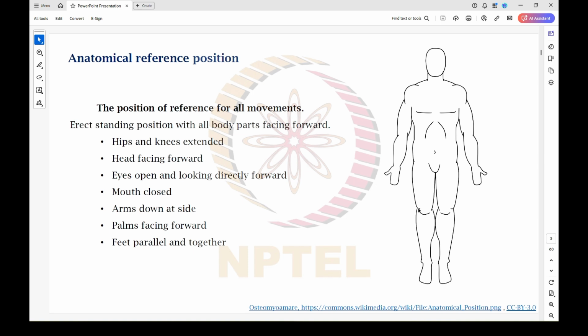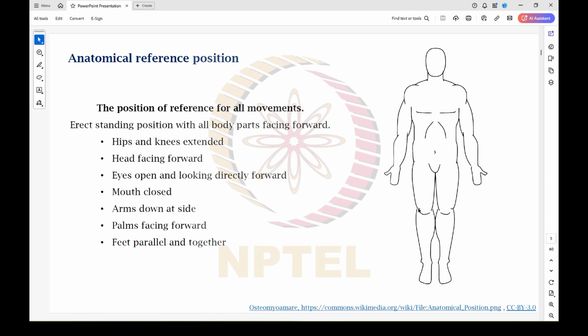To describe whatever movement a particular problem or scenario is going through, there is an anatomical reference position, which is the position of reference for all the movements.